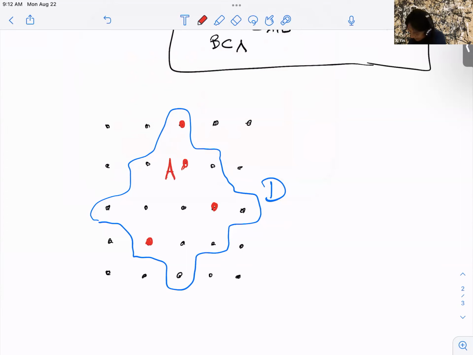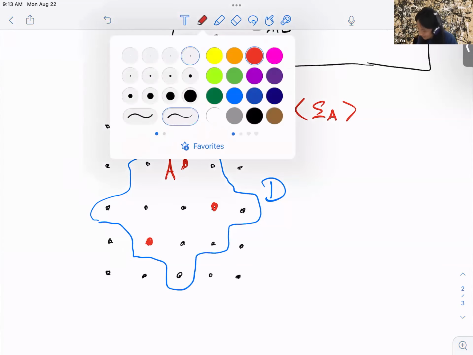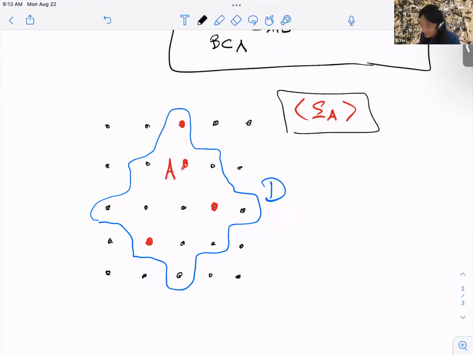So this is my A, because I've been talking about this correlator of S_A. So I'm going to fix my finite domain D in the infinite lattice, and A is some collection of sites within the domain D. But I'm still going to be interested in the expectation value of S_A on the strictly infinite lattice.